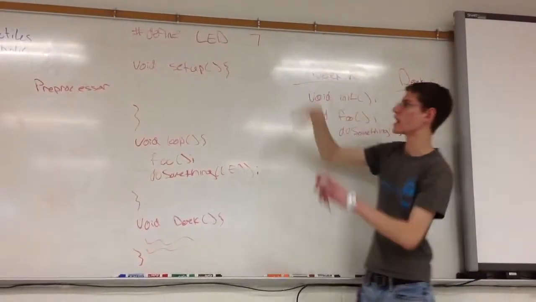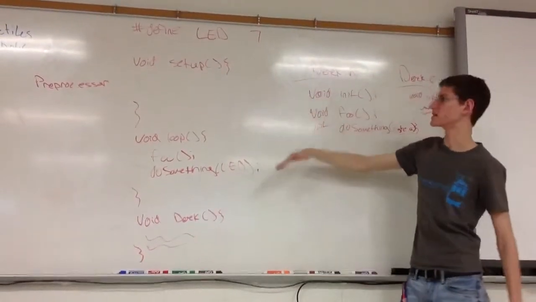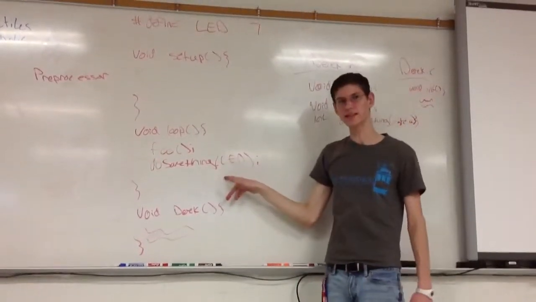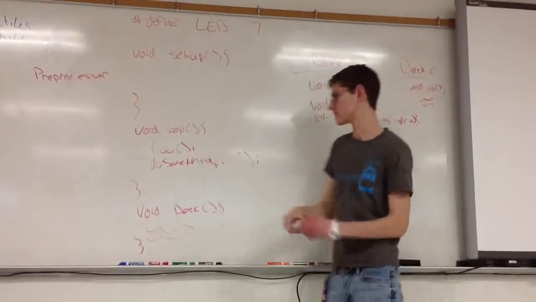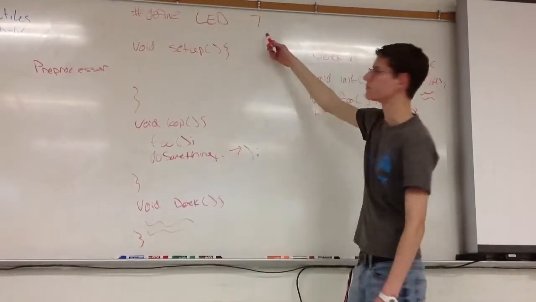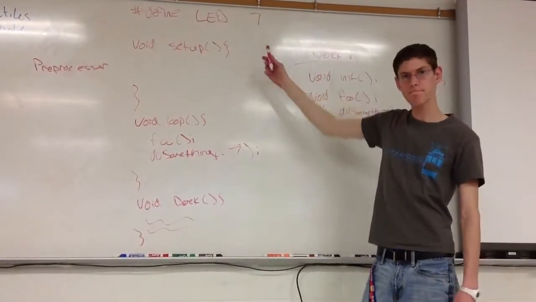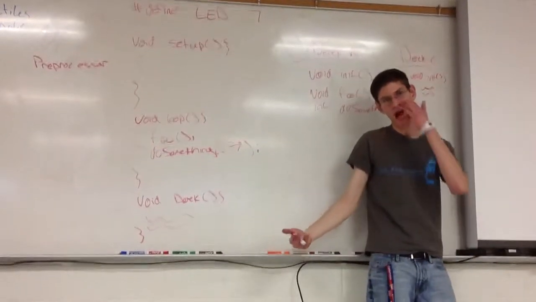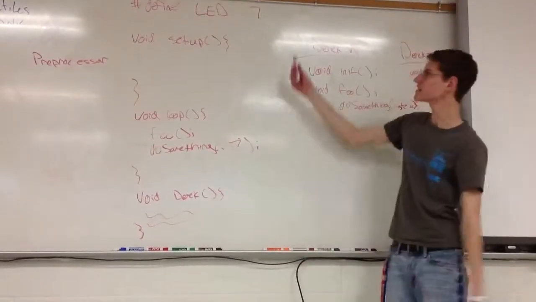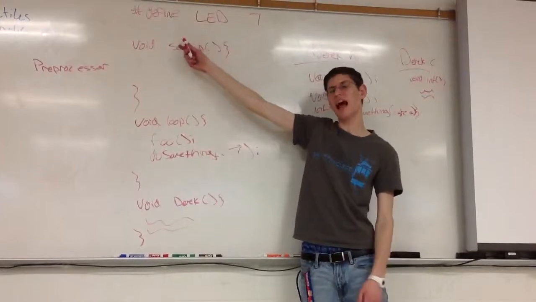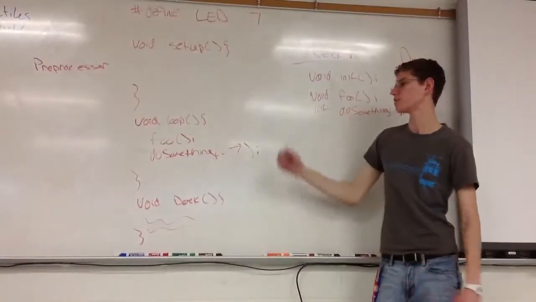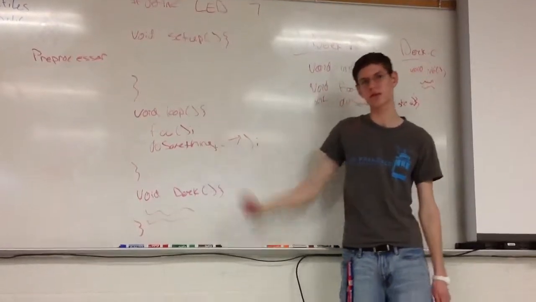And then it's going to go line by line through your program, and it's going to look for this term, LED. And wherever it sees LED, it's going to erase it, and it's going to replace it with 7, which you defined it with. All right. So it kind of works like a variable. However, it's different from a variable because this does not allocate memory. It doesn't allocate memory for it. It simply replaces it. It interpolates it.